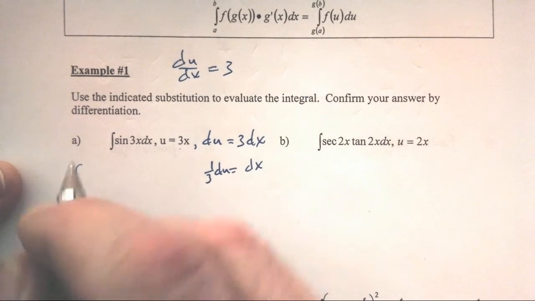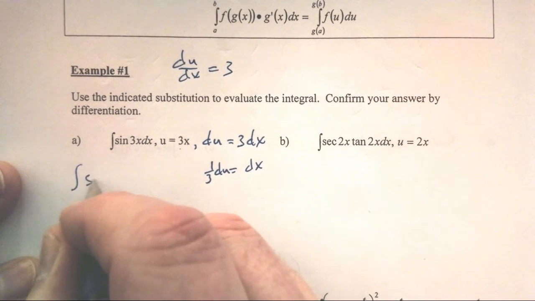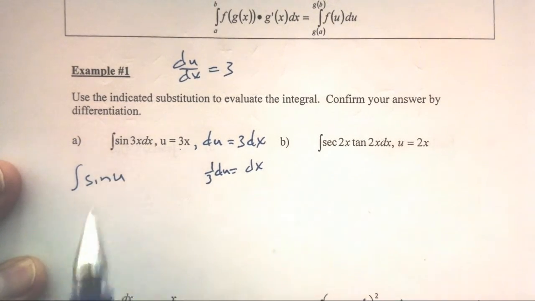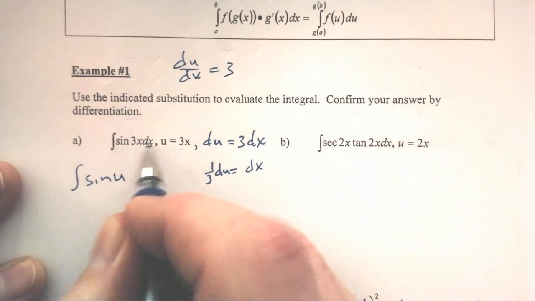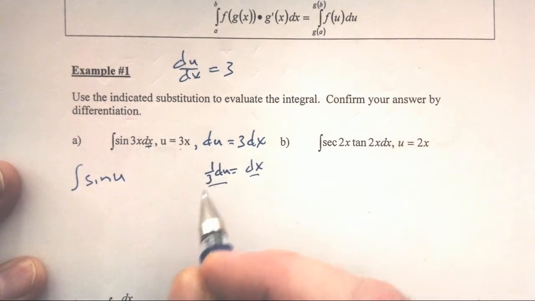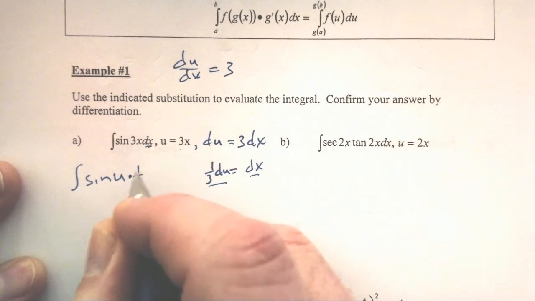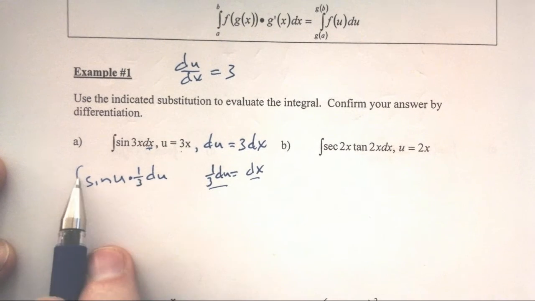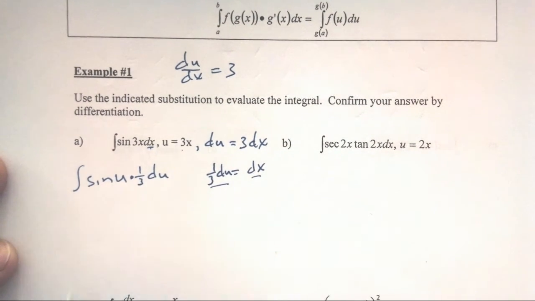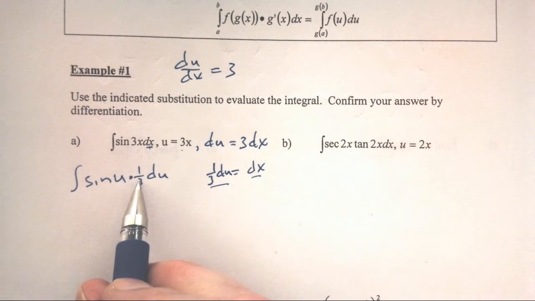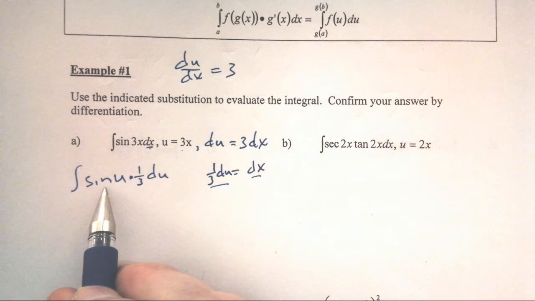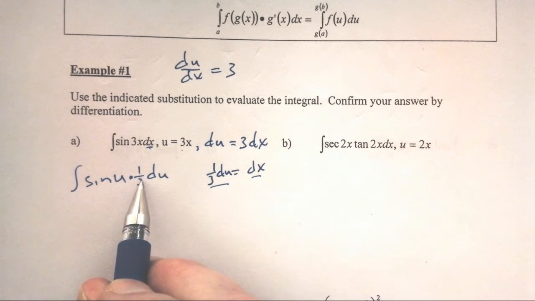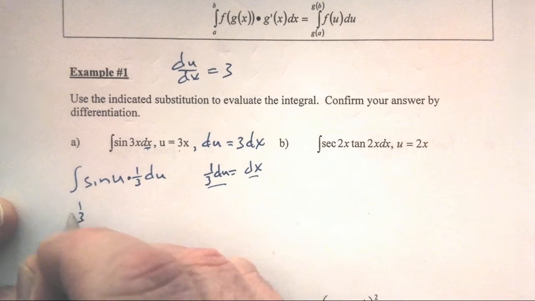I get integral sine of u. In place of dx, I can put 1/3 du. Now, we might get to the point where we just immediately put that 1/3 out in front, because it's a coefficient, something multiplied by everything inside, a factor, it's a constant, it can be pulled out. So I get 1/3.